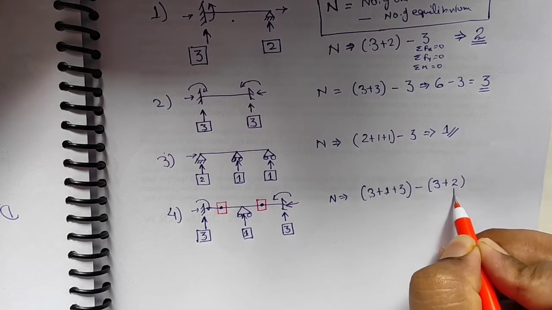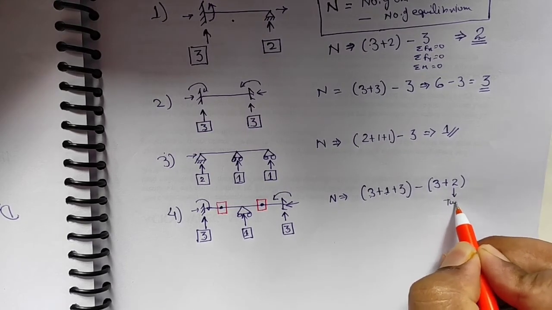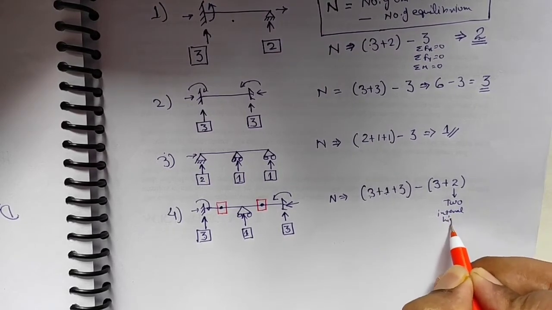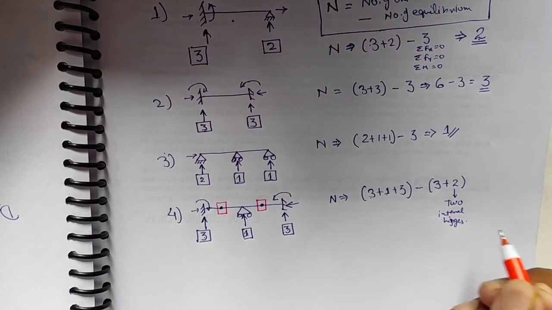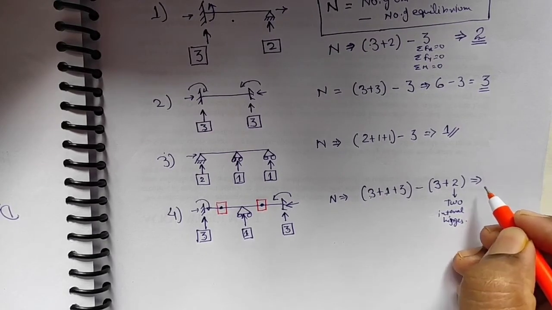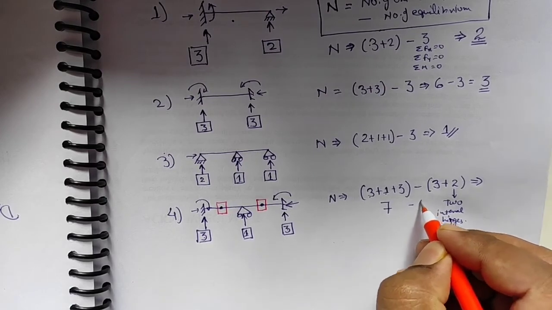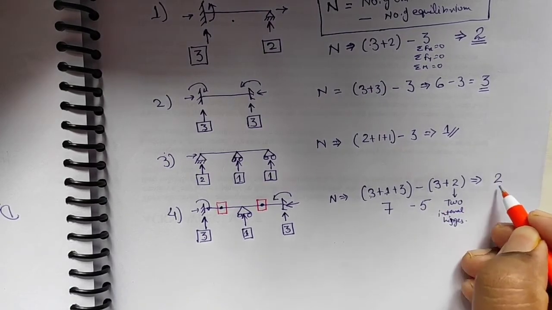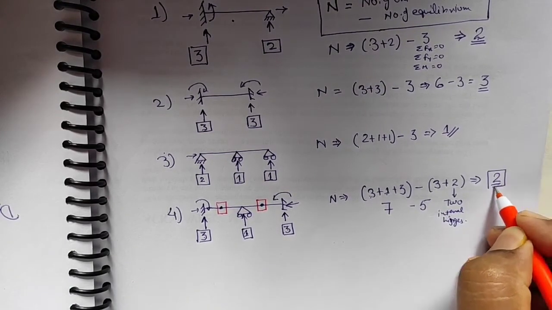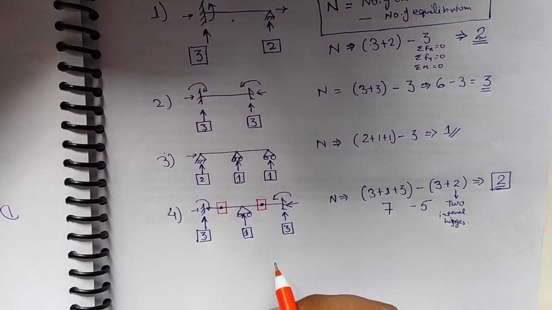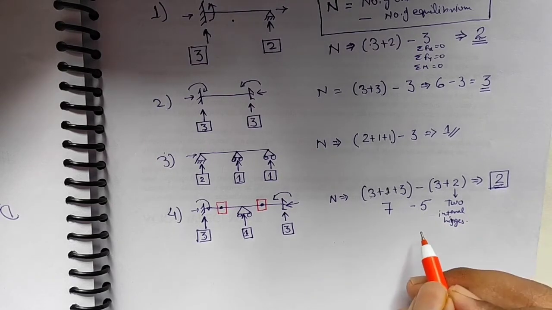This is for the two internal hinges given. So my equation will now be 7 minus 5, that will be equal to 2. So for this particular type of beam, my degree of indeterminacy will be 2.